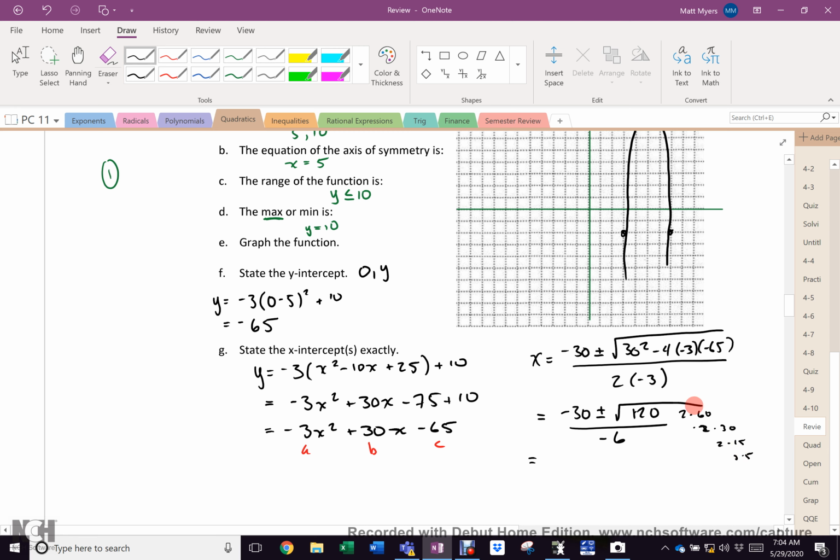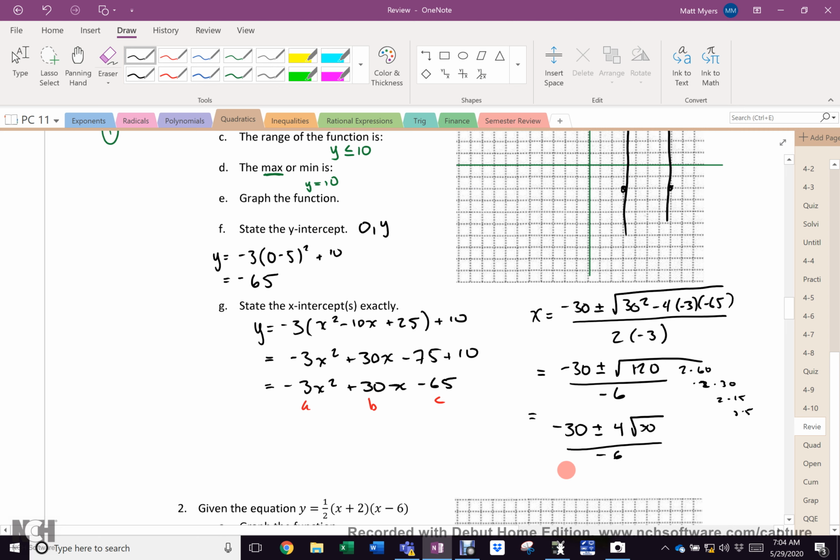So I can take out 4. So it's negative 30 plus or minus 4 root 30 over negative 6, which you would of course simplify to negative 15 plus or minus 2 root 30 over negative 3.